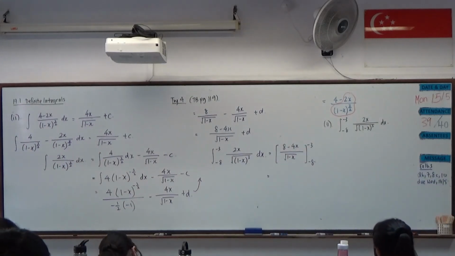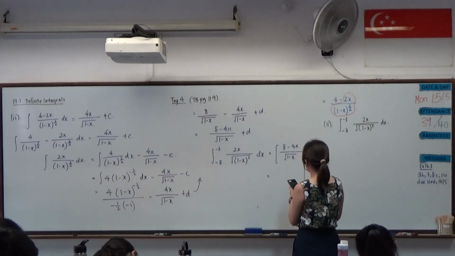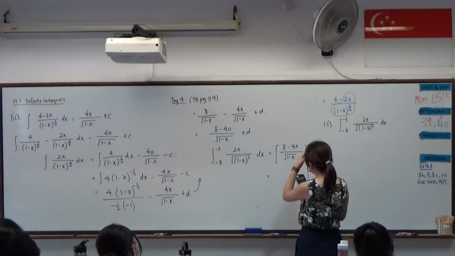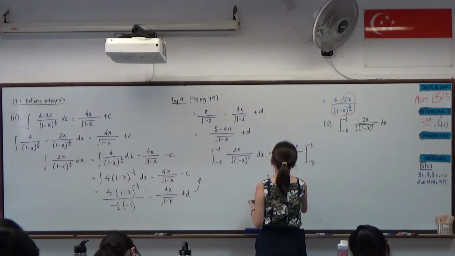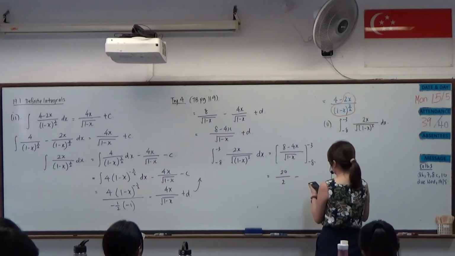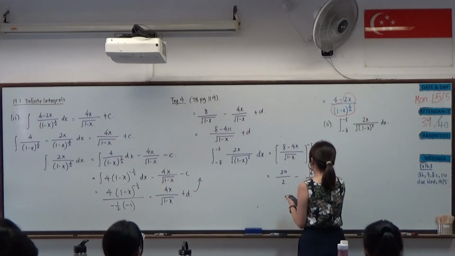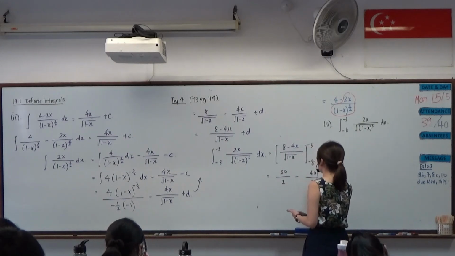We will be able to get, hang on, 20 over square root of 4 minus x.